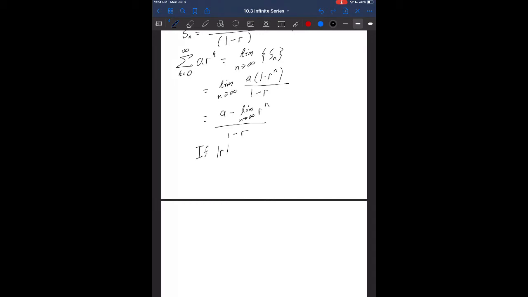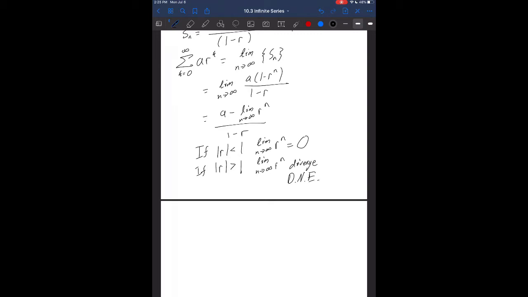And then we know that if the absolute value of r is less than 1, this limit as n goes to infinity of r to the n is going to be equal to 0. That was just something we talked about in the very previous lecture. And if r is greater than 1, this limit as n goes to infinity of r to the n is going to diverge.